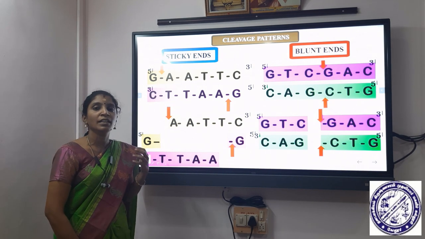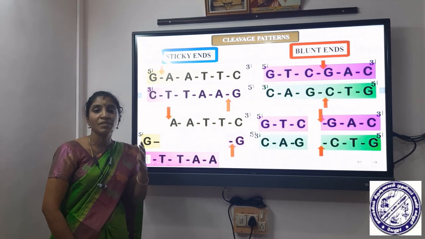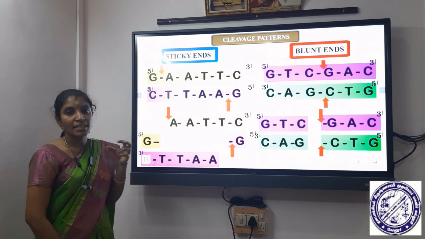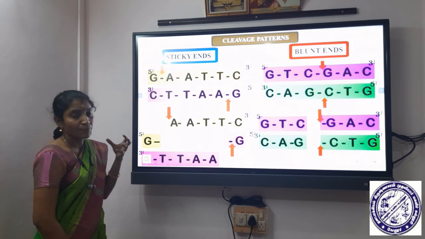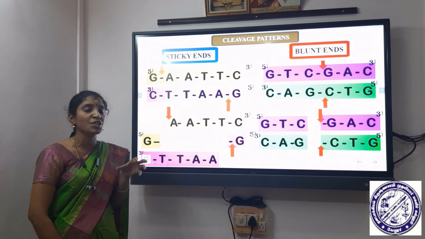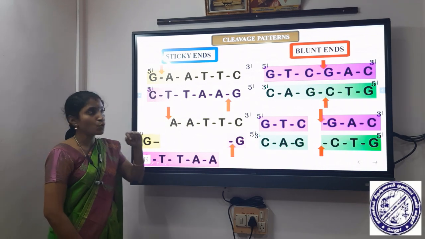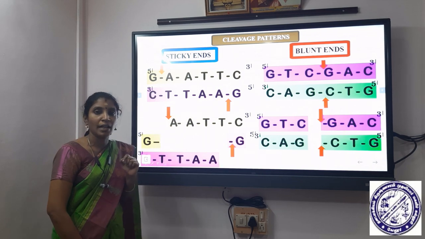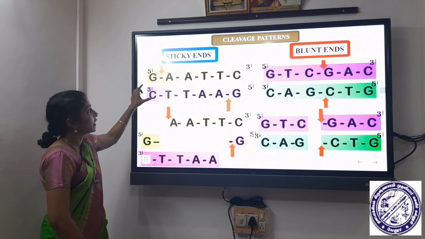Now we'll see how this restriction enzyme cuts the particular site, that is the recognition site. What is the end product of that cutting? This cutting is called the cleavage pattern. They produce two types of patterns: the sticky end fragment pattern and the blunt end fragment pattern. See this diagram.